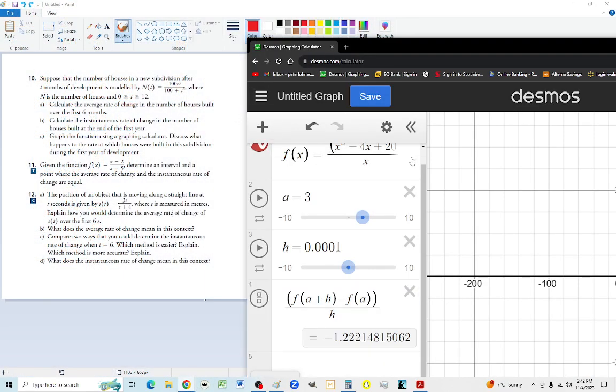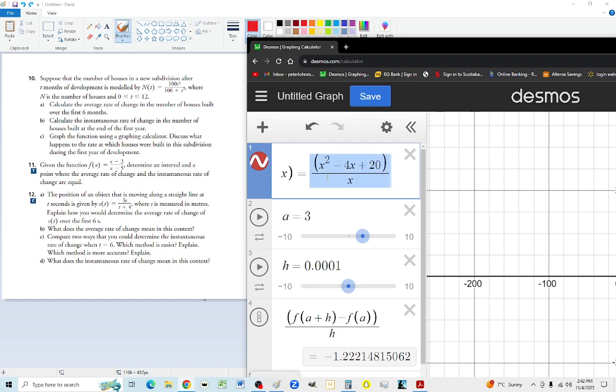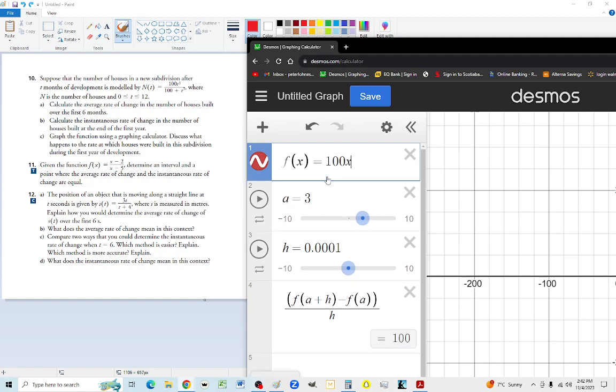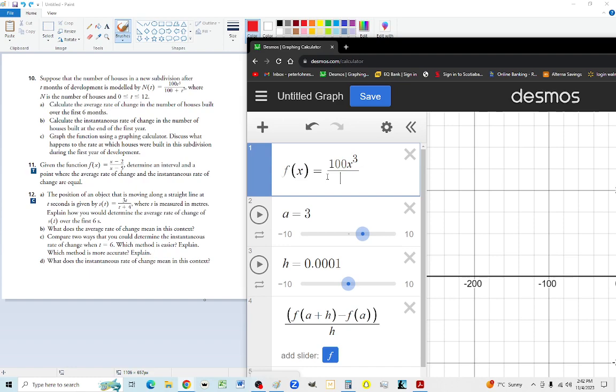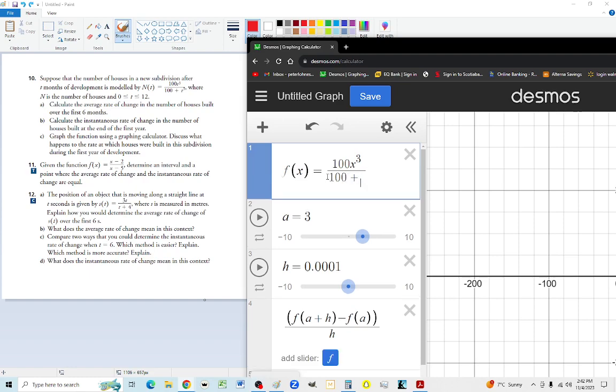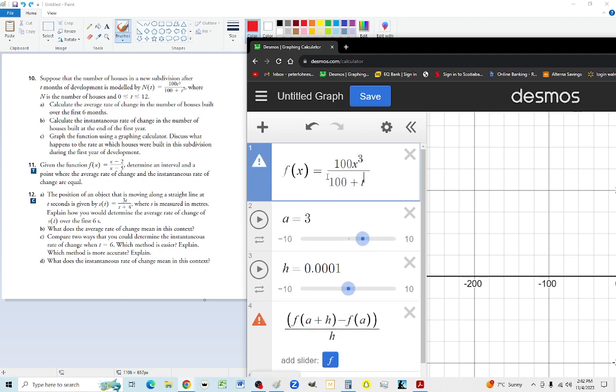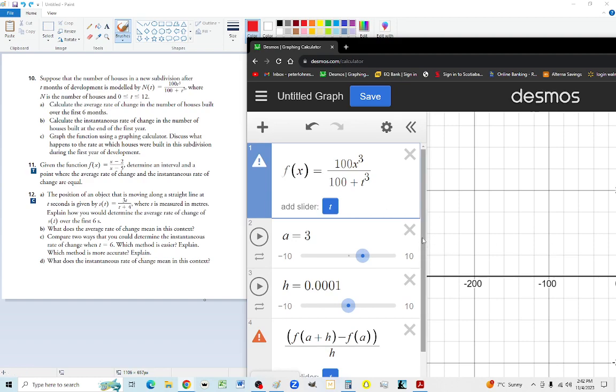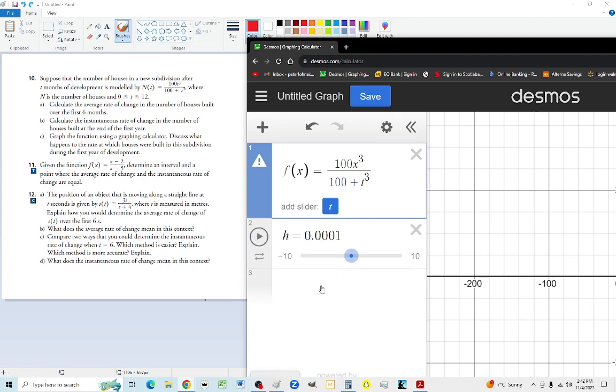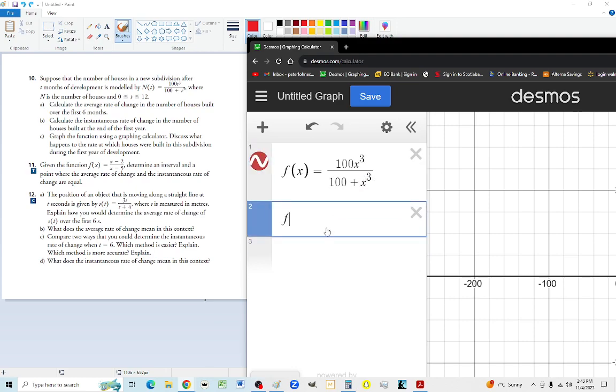So here's our formula. And we'll just use x instead of t. And just to show you, put the h in there. Oh, I did t, didn't I? Yeah. And just to show you, f of 0 will be 0. And f of 6 will be this.